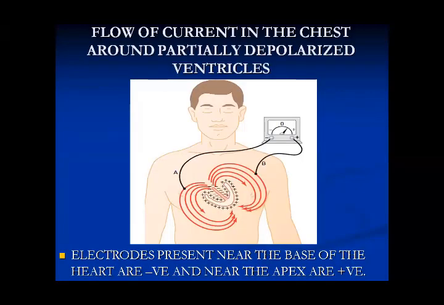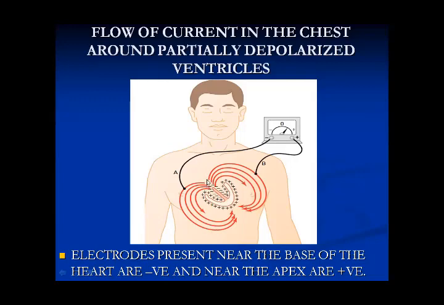Now, the basic flow of current. This is the heart inside, right? And these vectors are showing the flow of current. As we all know, the current flows from negative to positive, and the vector direction is always from negative to positive, right?